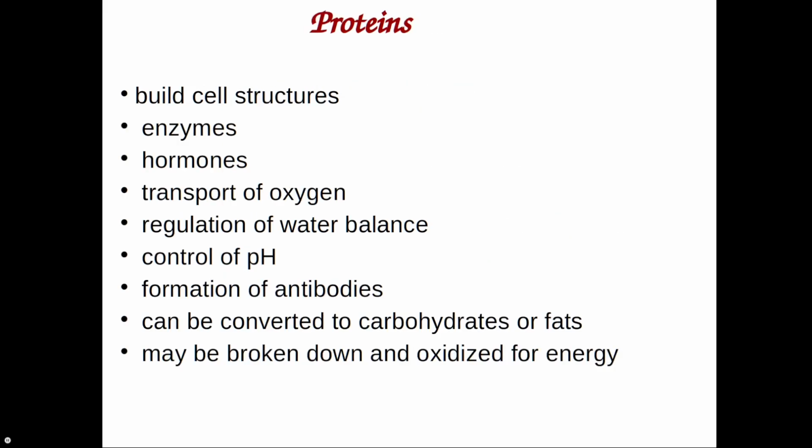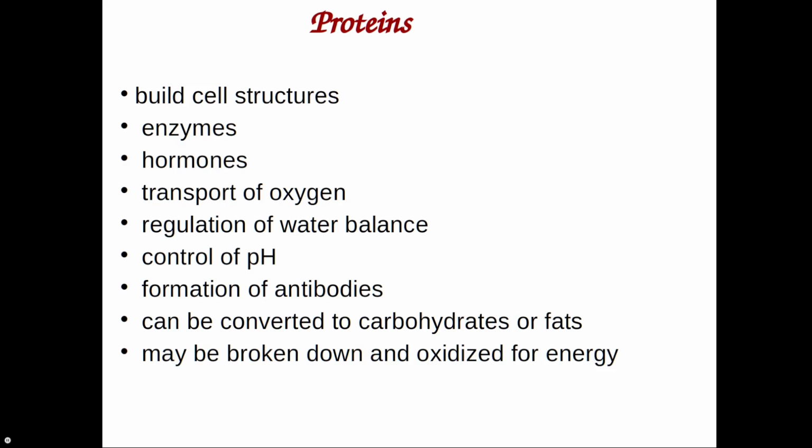Next component of food is proteins, and proteins have a lot of functions. You may see many more compared to other components of food. It's plastic functions, building cells, cell membranes, enzymes in cells, hormones, for transport, nutrition, oxygen in our blood, for homeostatic reactions, regulation of water balance, ion balance, pH, immune functions.